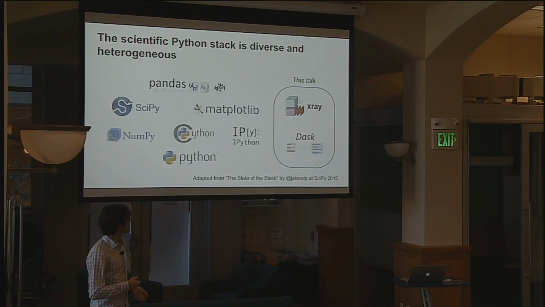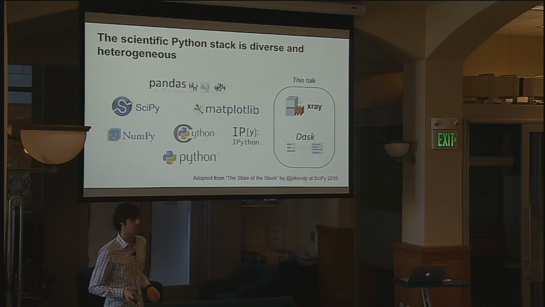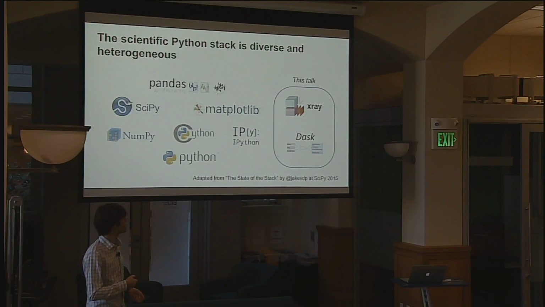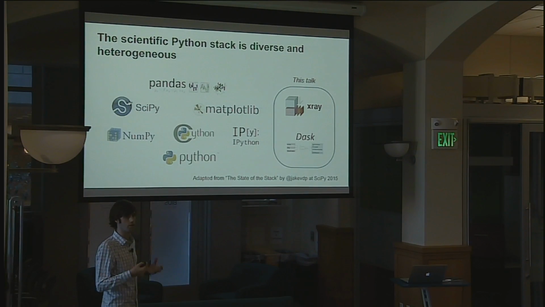The other library I want to talk about today is called Dask. Matthew Rocklin, who's right here in the audience, is the main author of Dask, but I've also made some contributions there. It's a tool for working with larger data sets that don't fit into memory. I think these tools could be valuable additions to the core stack we have for doing scientific computing in Python.